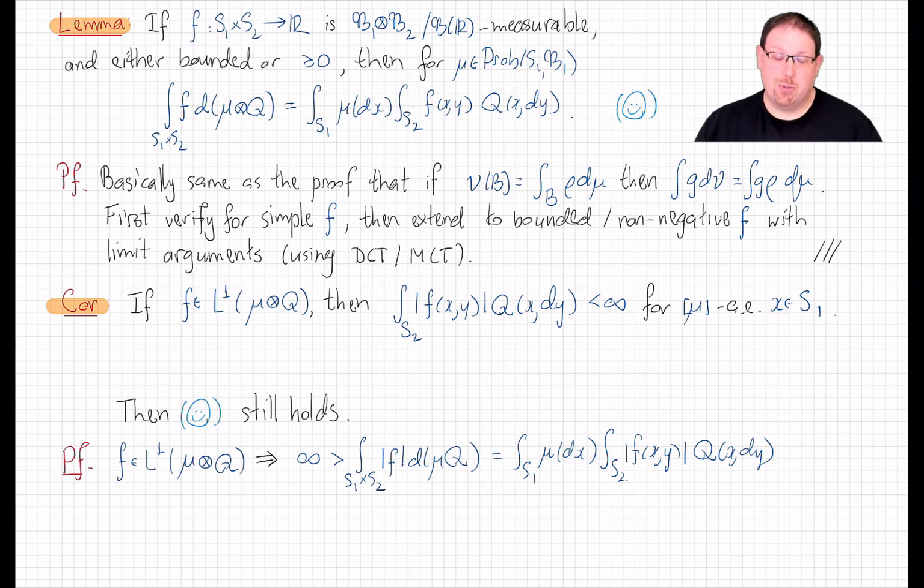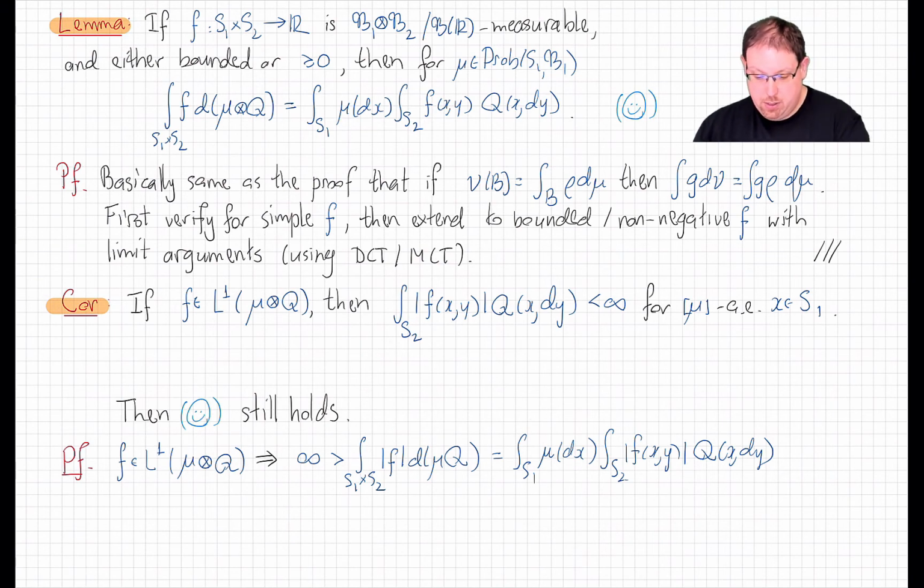Now, as we struggled with a little bit in our proof and statement of Tonelli and Fubini's theorems, we can't even really define this formula if the function here takes infinite values for some x's, even if it's a measure zero set of them.